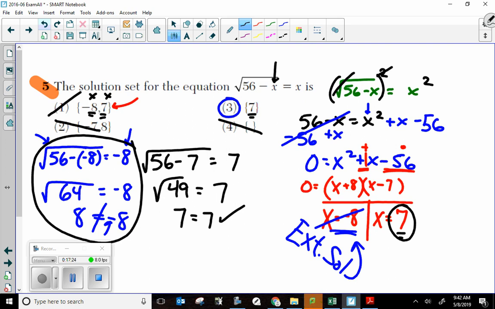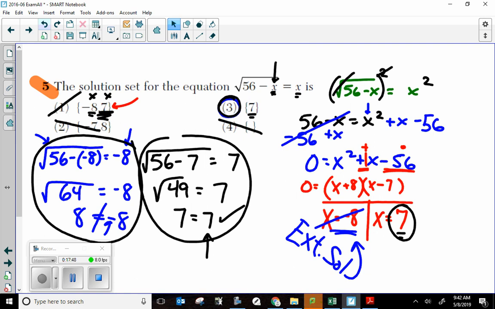If I plug in a 7 for x and I see that it works, I know my solution should have a positive 7 in it. This is the only one that has a positive 7 that does not have a negative 8. So I can take my answers, plug them into my x's, and see if it works.